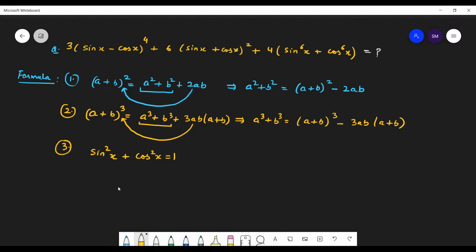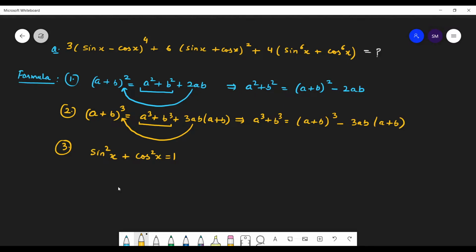A square plus b square. That is equals to, so this is your a and this is your b. So this will be equals to a plus b whole square, means sine square x plus cos square x, right? Whole square minus 2 into sine square x cos square x, right?